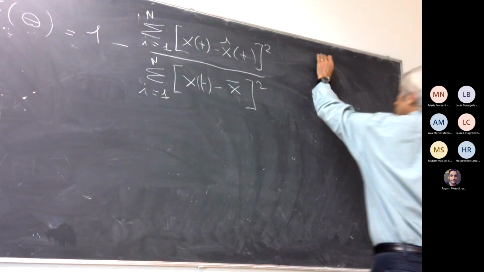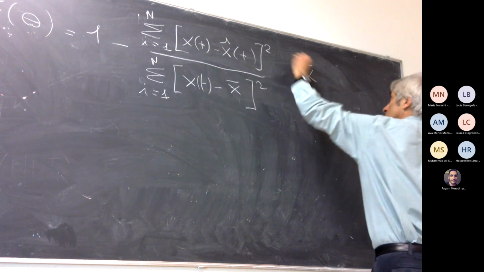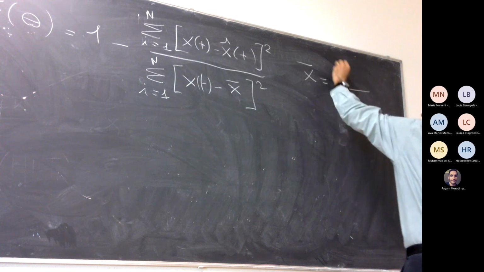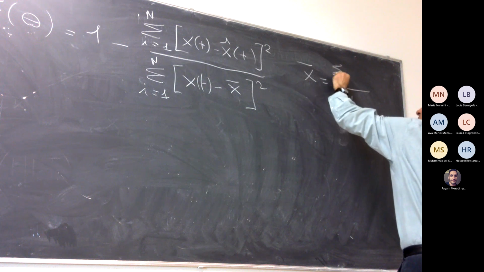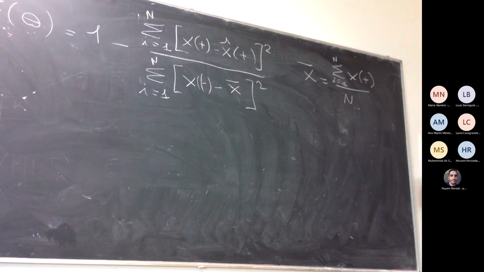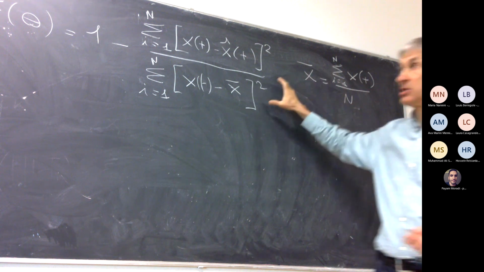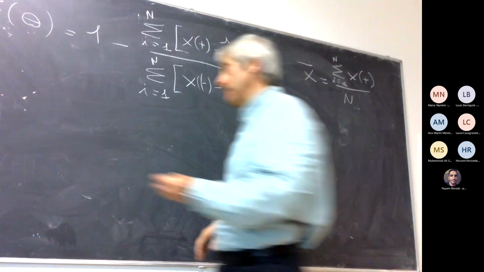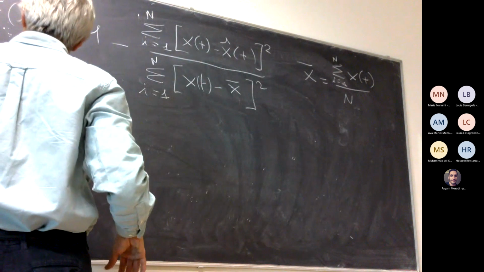First, let me define the average. This bar is equal to the sum i equal 1 to n of x_t, divided by n. This is the definition of mathematical average, and then let's see what is the range of the result that I may expect. So case perfect model.